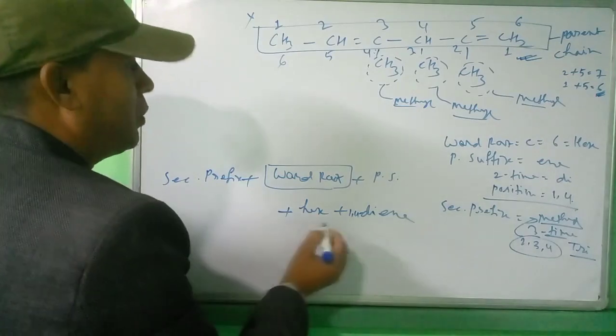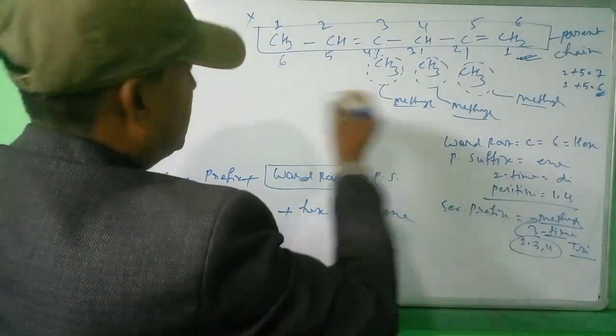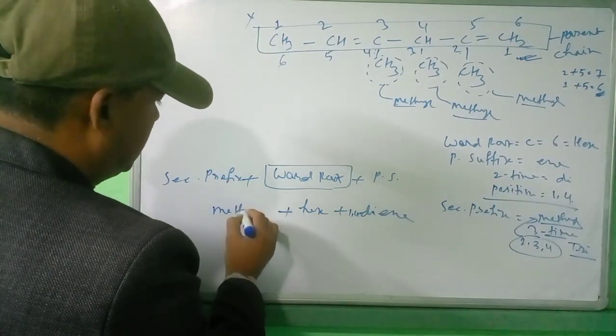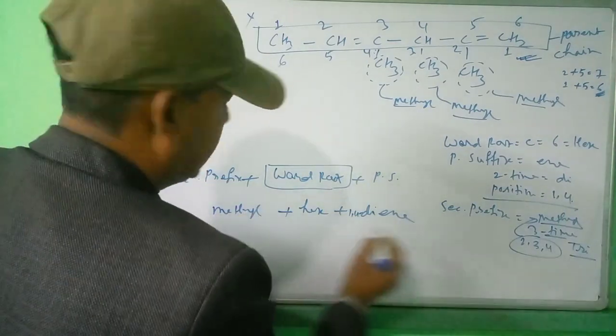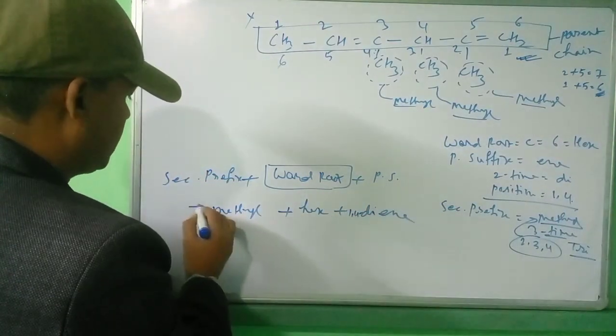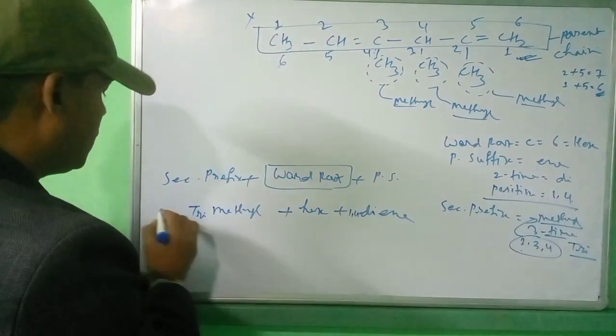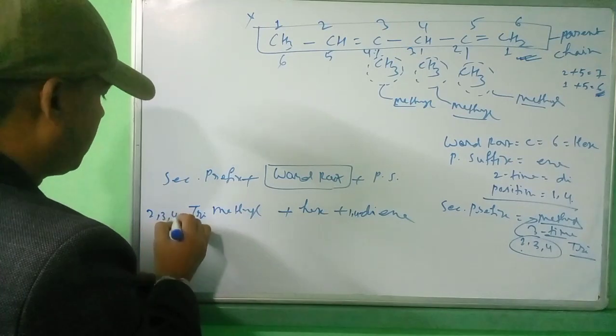Now before the word root, secondary prefix methyl. So write down methyl. How many times? 3 times, so the tri term, trimethyl. Position is what? 2, 3, 4 dash.